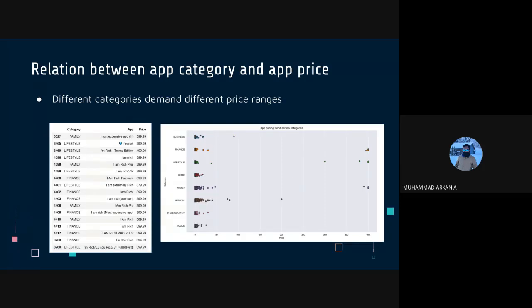And apparently, after searching the table, on the left we have the list of apps that cost around $400. Now, the apps in the left picture are an example of what we call junk apps. Hence, in the next step we will filter out the junk apps.